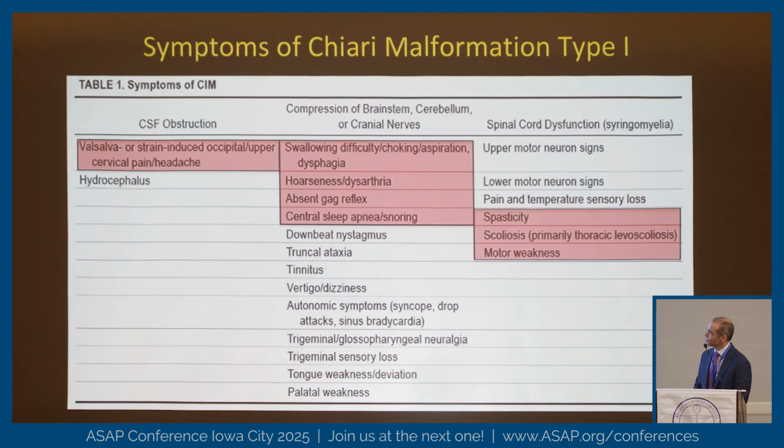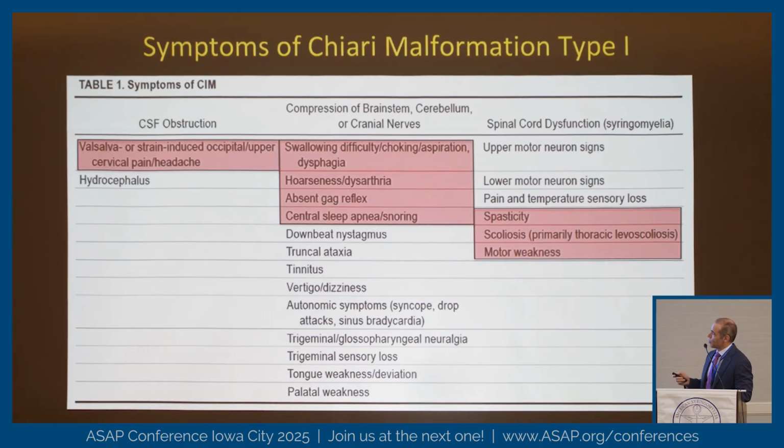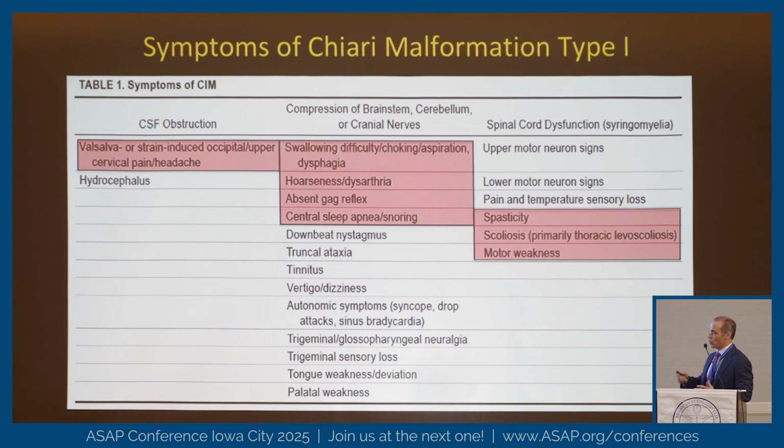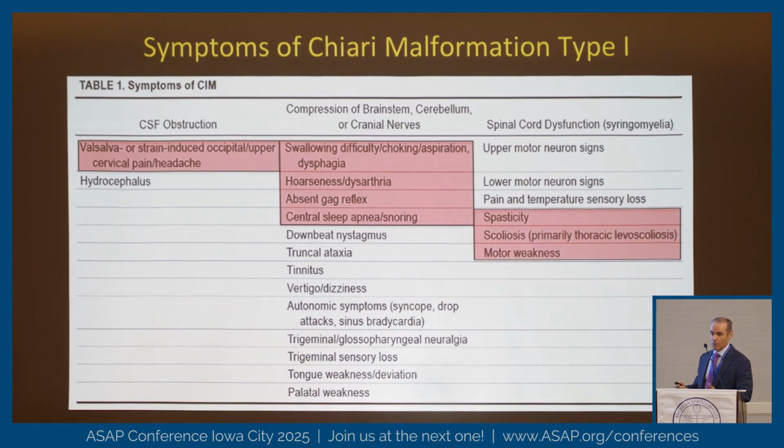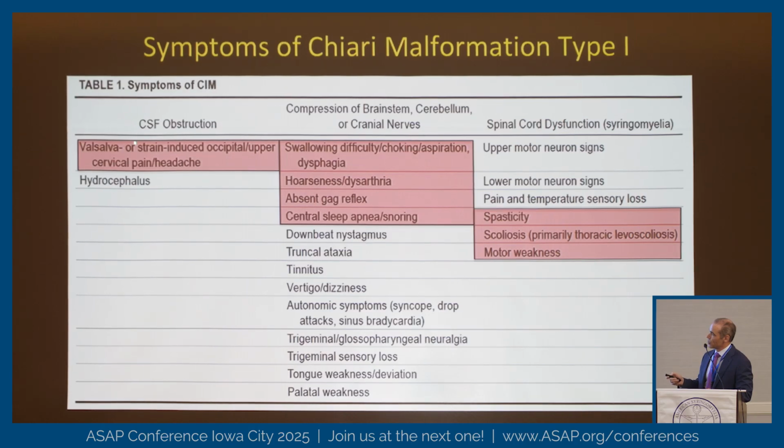It's likely other factors within the spinal cord itself and also the CSF flow dynamics that lead to a syrinx with a Chiari. So for the symptoms of a Chiari malformation, this is a big long list and there's way more than this. I highlighted in pink just the ones that I see most commonly, okay? And they're by mechanism. So you get this obstruction of CSF flow, and you'll get a Valsalva or strain-induced occipital or upper cervical kind of pain or headache.